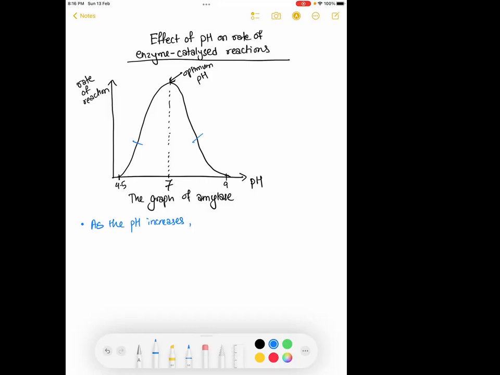Why? Because at both of these extreme pH, both acidic and alkaline conditions, the enzyme will be distorted. How? The hydrogen bonds and the ionic bonds that hold the 3D structure of the enzyme, I mean the protein, will be disrupted.